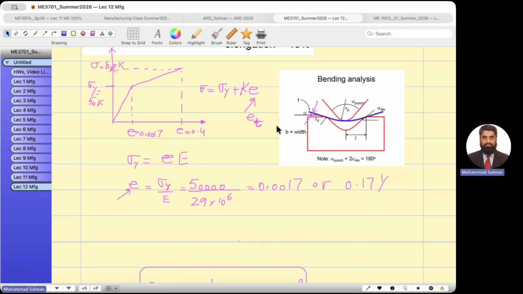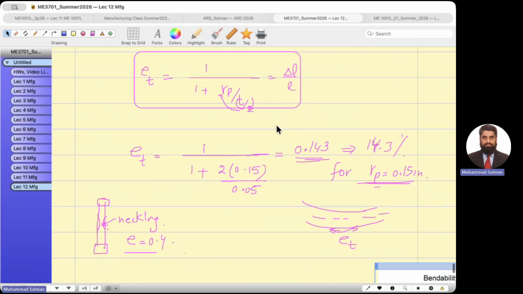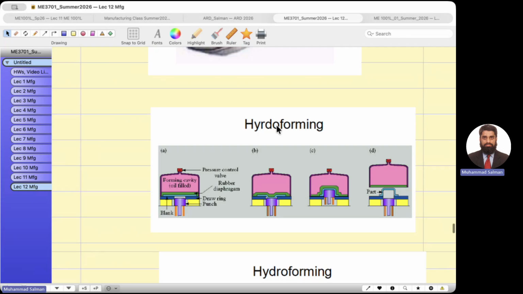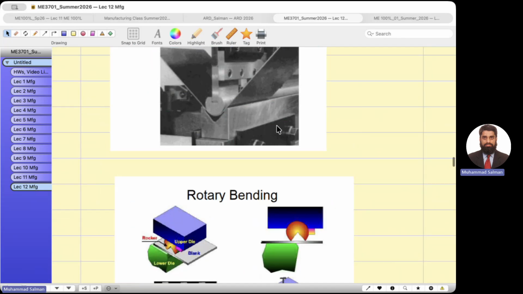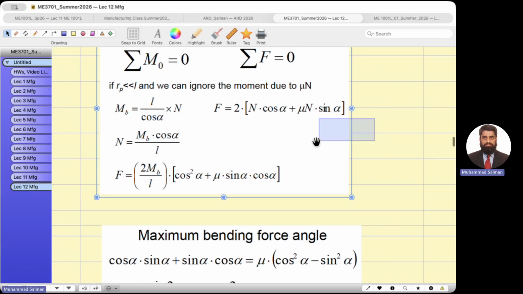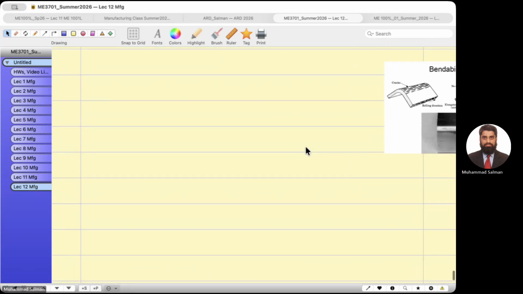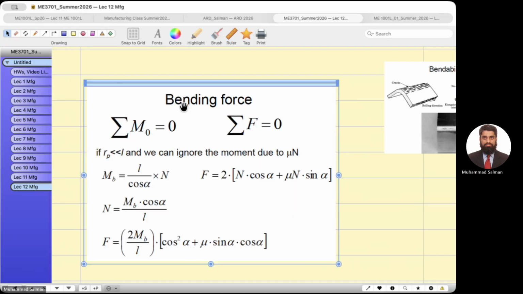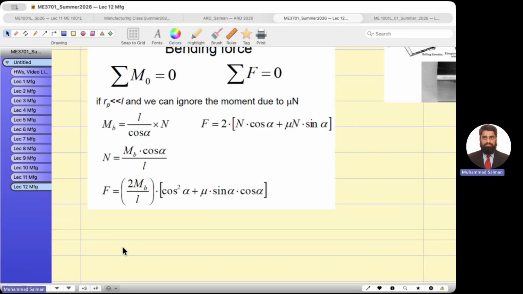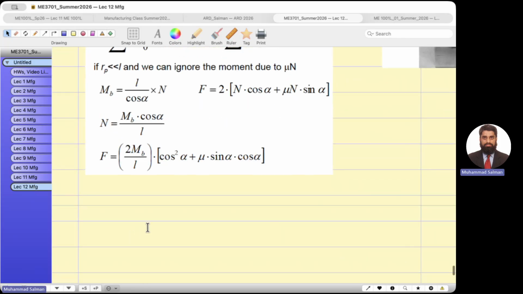We have to find out the maximum bending force, and how do you find out the sigma 1? Let me show you the formula for the bending force. It is this formula. For this formula, you need to find out MB.